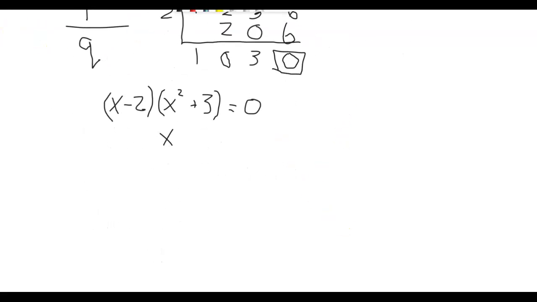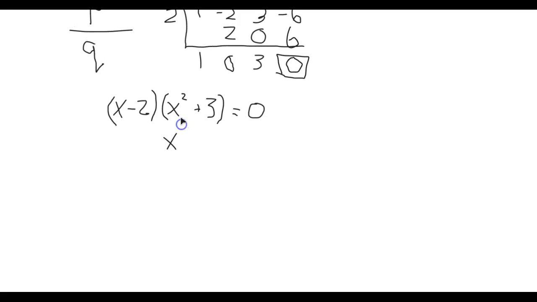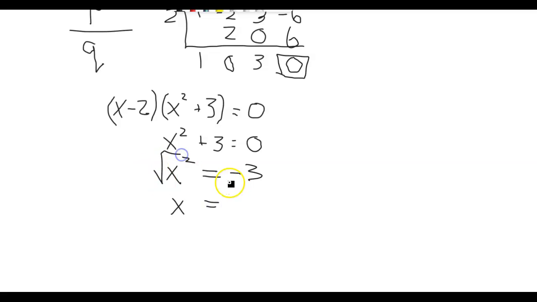All right, so that's going to be x squared plus 3 is equal to 0. x squared is equal to -3 after we subtract 3 from both sides and then take the square root. And we're going to get x is equal to plus or minus the square root of -3.